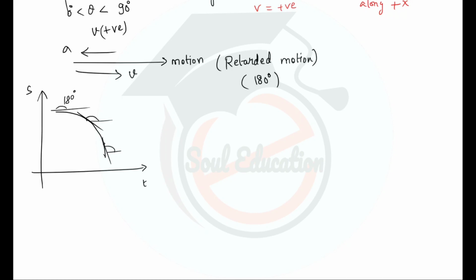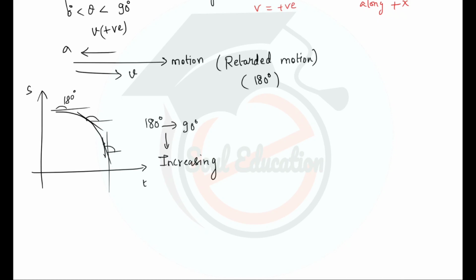So the angle varies from 180 degrees to 90 degrees, decreasing. Near 90 degrees the slope becomes vertical. 180 to 90 degrees is my increasing case: tan theta is increasing when it is coming from 180 to 90.